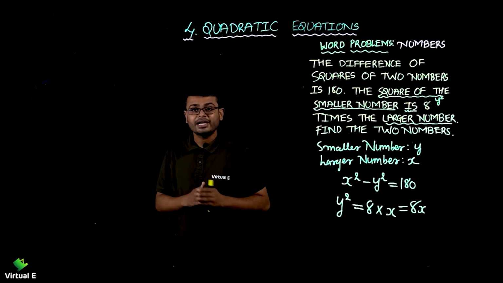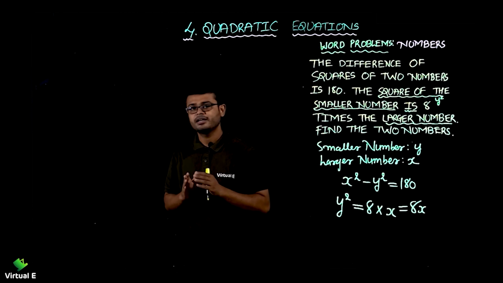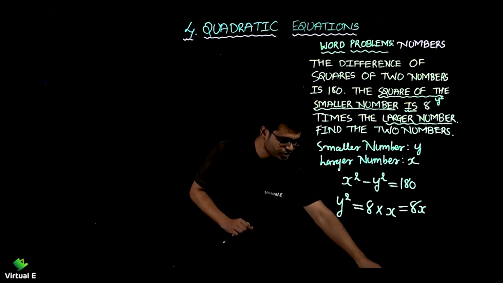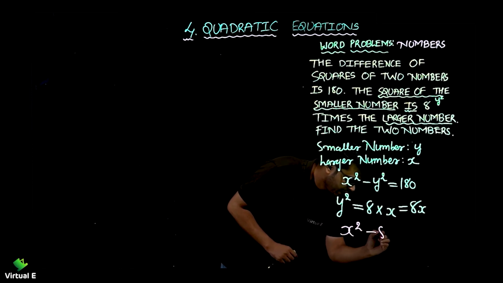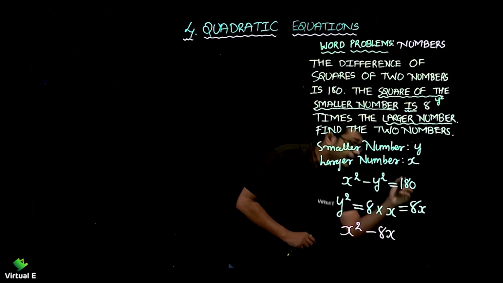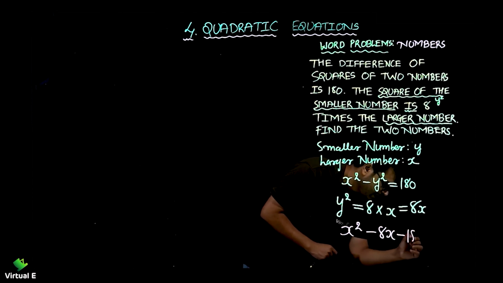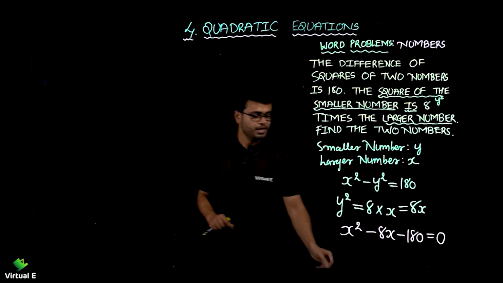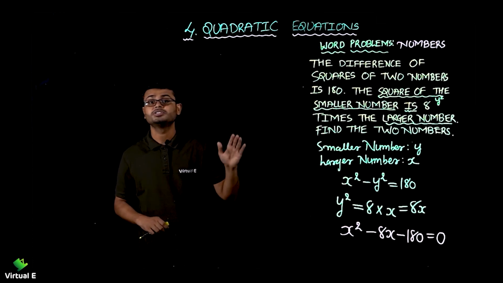So what I'm going to write instead of y square? 8x. Clear? Very simple. So let me write the final equation, which is x square minus 8x, and let me shift this 180 also over here. That will be minus 180 is equal to 0. Simple. X square minus 8x minus 180 is equal to 0.